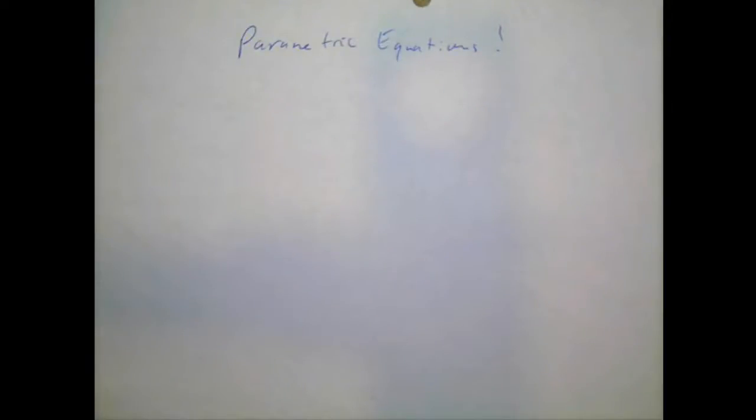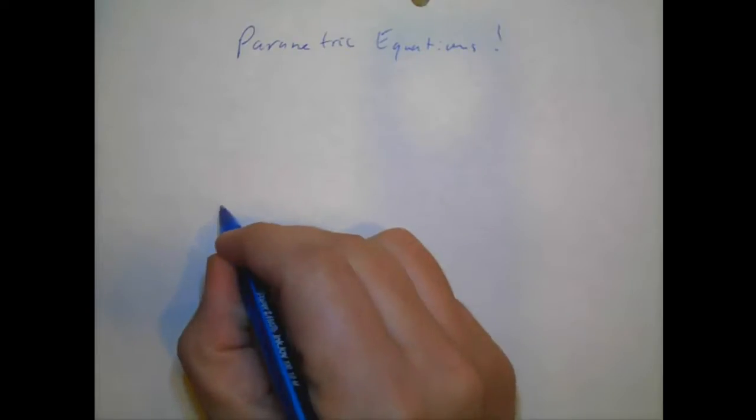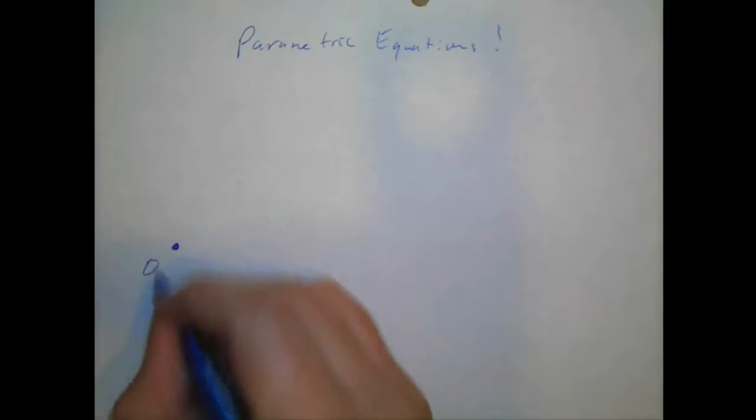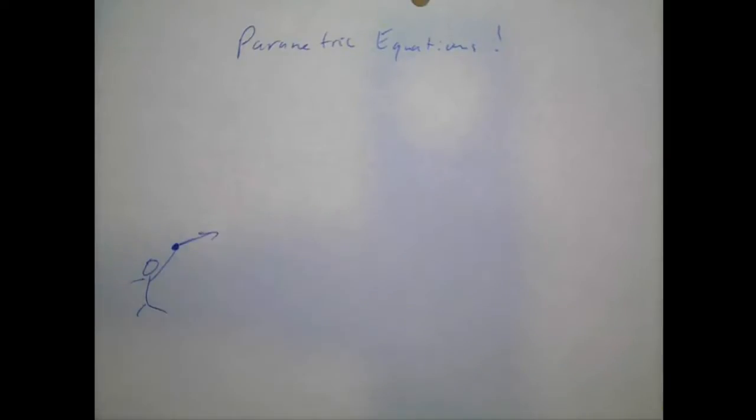In this video, I'm going to be talking about parametric equations. So essentially, what these represent is how motion works. If I were to have a ball, and I throw it, I give it some vector.